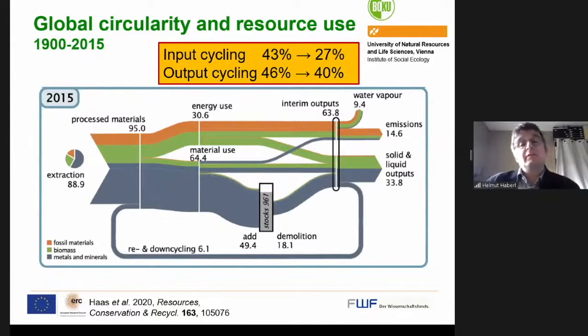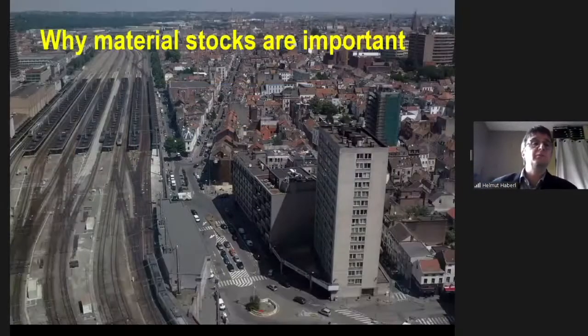And in addition, the big picture here is that we have such a big growth in material stocks. Remember, they increased by a factor of 27, that even closing the loop would not reduce the demand for virgin materials very much. That is perhaps an important take-home message.